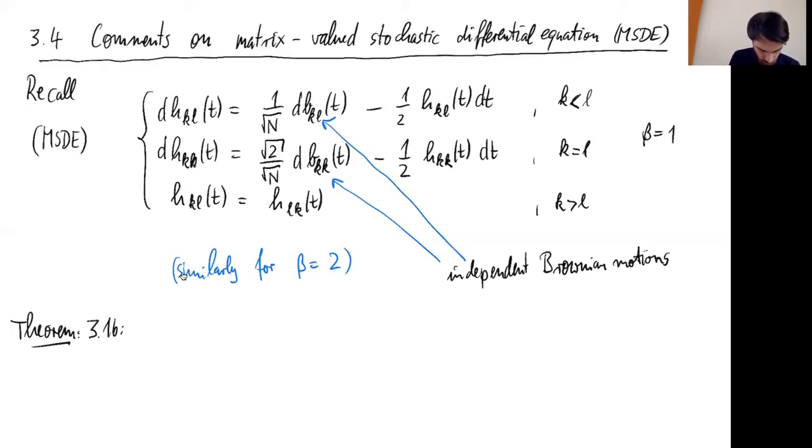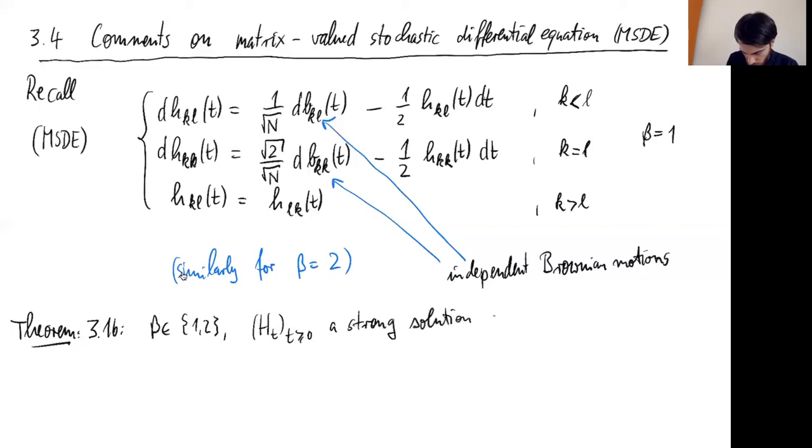Just to sketch it briefly: beta is 1 or 2, and H_t is a strong solution of this equation that I sketched before, this MSDE.